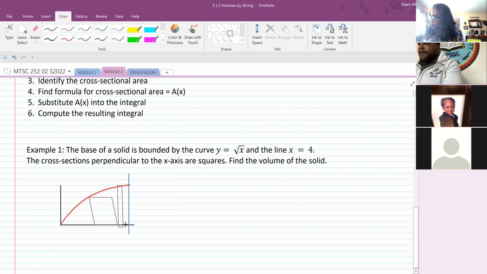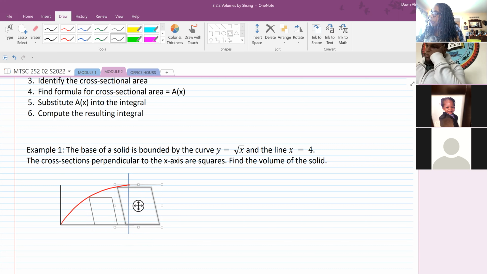This square is going to be much bigger. That square is sticking up in the air. Then over here, there's a little tiny square sticking up in the air.